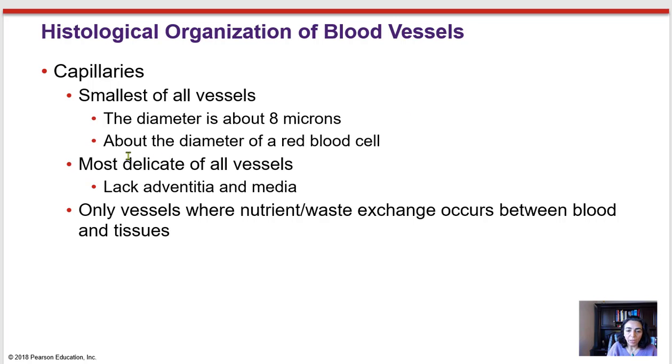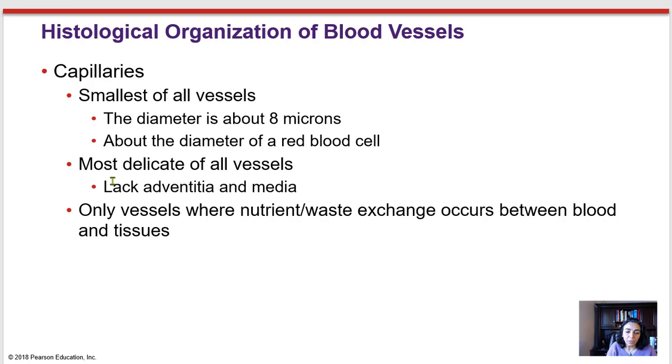So arterioles are not much bigger than the capillaries, only 3 or 4 times. It is about the diameter of a red blood cell, because the red blood cell has to pass through them, so they cannot be smaller than the size of the red blood cell. As you have seen in the blood, the size of the red blood cell is 8 microns too.